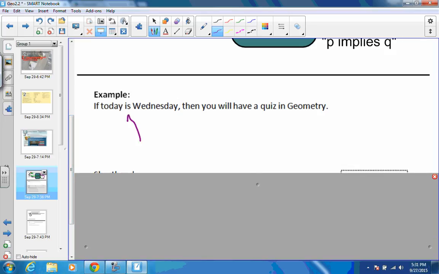So today is Wednesday is the hypothesis, and you'll have a quiz in geometry is the conclusion. Now, the if-then part is not part of the hypothesis or conclusion. That's what makes it a conditional statement. The hypothesis and conclusion is everything after the if and everything after the then. All right?